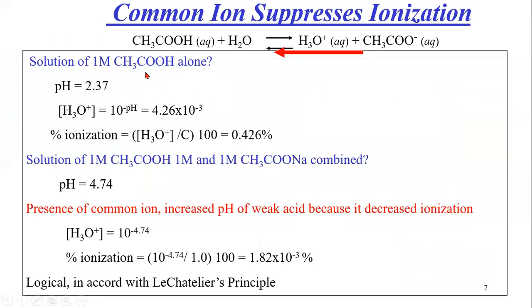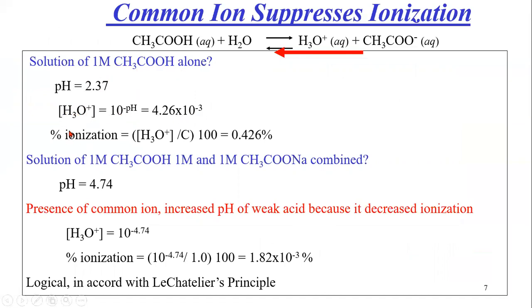So going backwards now, in my solution which had acetic acid alone, I had a pH which was 2.37. And if I calculate how much H3O plus I have in my solution, it was going to be 4.26 times 10 to the minus 3.